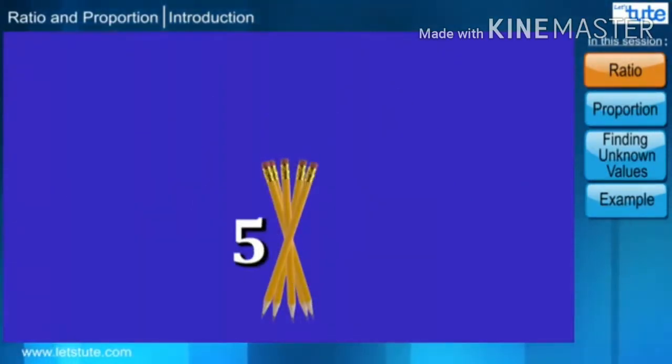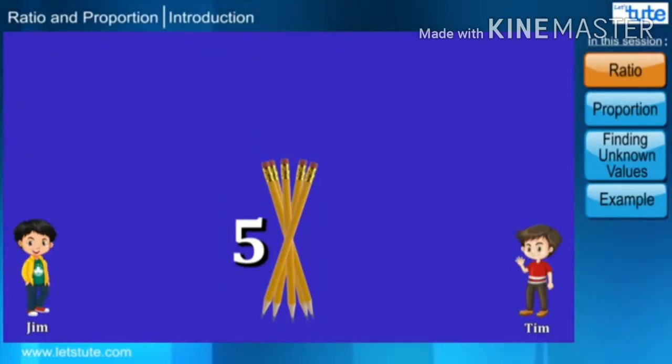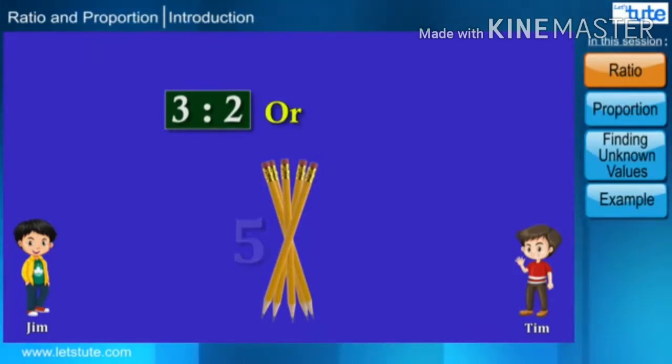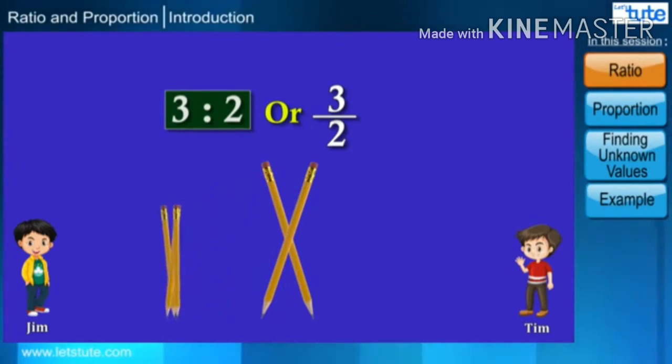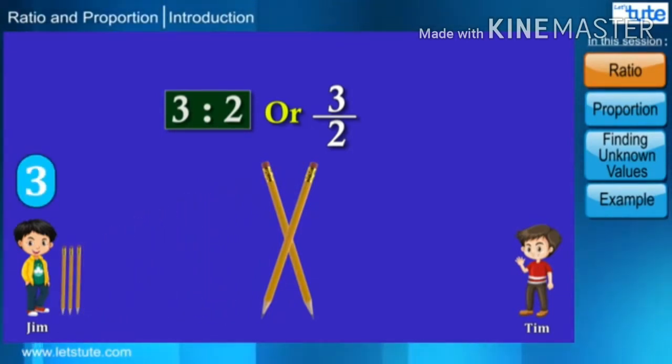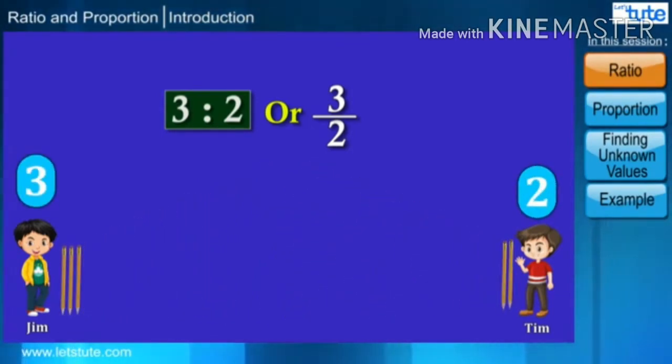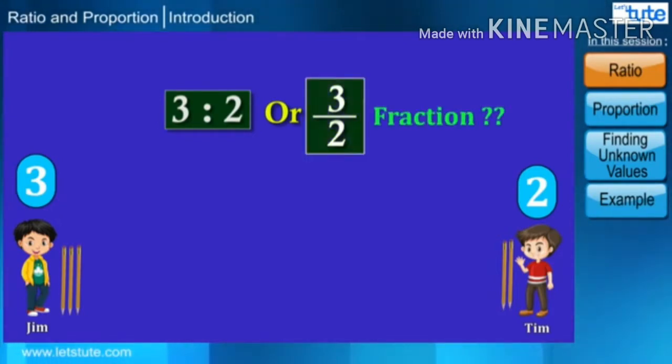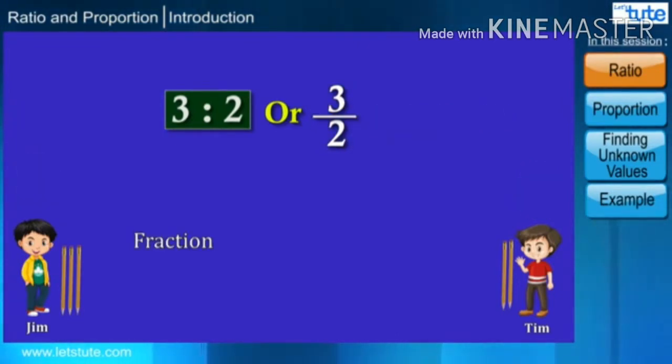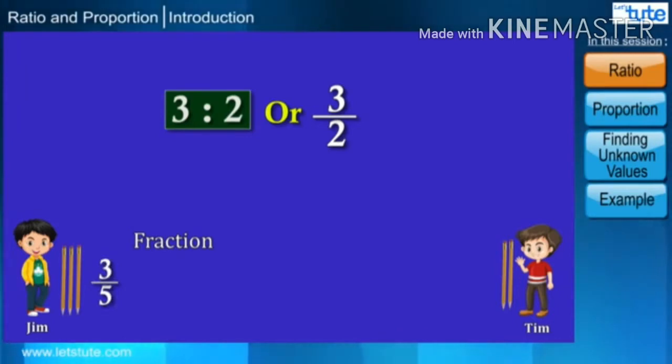5 pencils are to be divided between two friends, Jim and Tim, in the ratio of 3:2 or 3 by 2. This means we will have to give 3 pencils to Jim and 2 pencils to Tim. Correct? But here, is 3 by 2 the fraction? No. Here, the fraction of pencils to Jim is 3 by 5 and to Tim is 2 by 5.